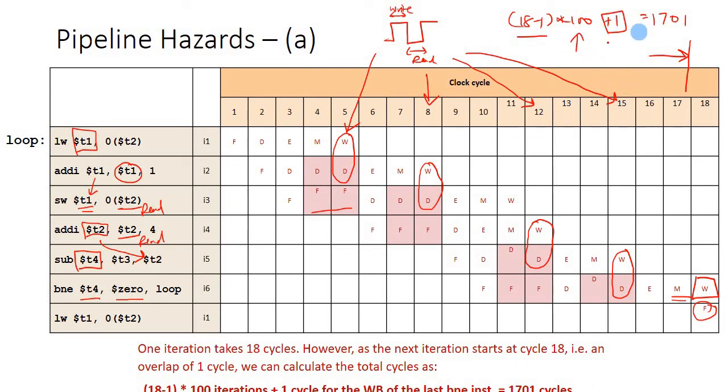But we need to add back this last clock cycle for that final iteration of the loop when we don't need to branch back. So that gives us a total of 1701 clock cycles to complete this sequence of instructions on a pipeline processor that does not have any form of data hazard or control hazard mechanism.